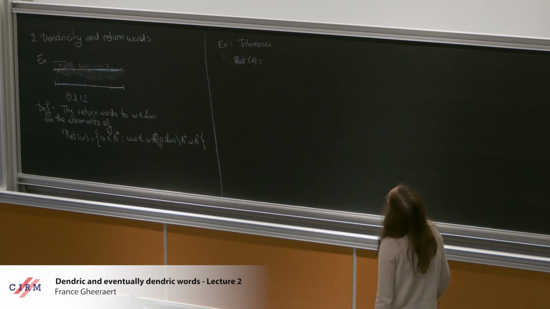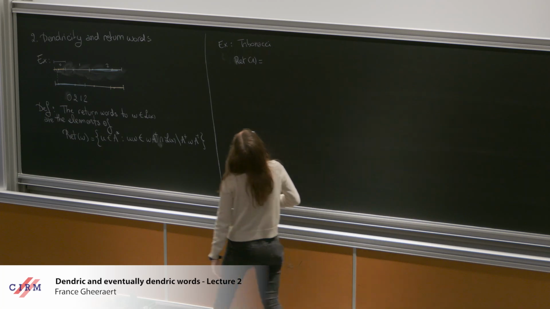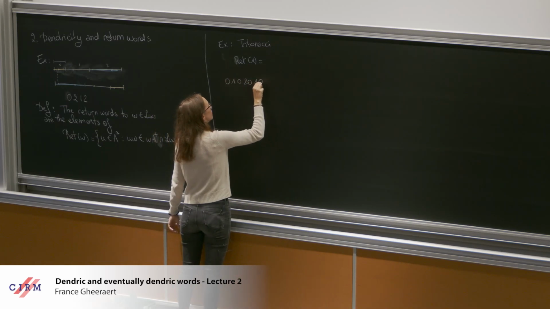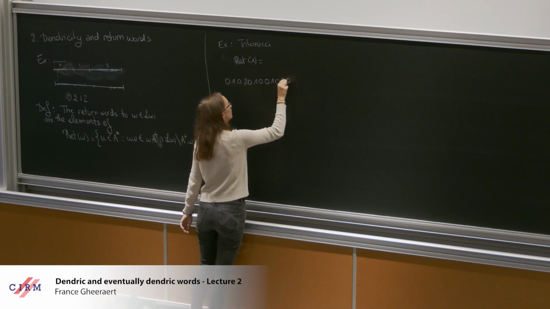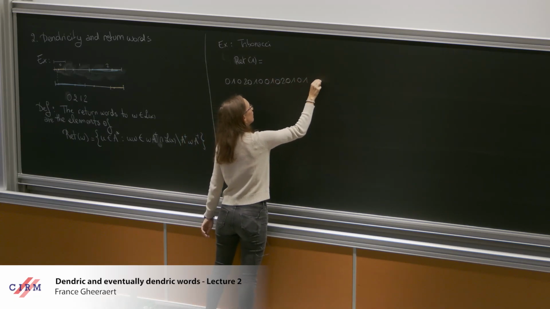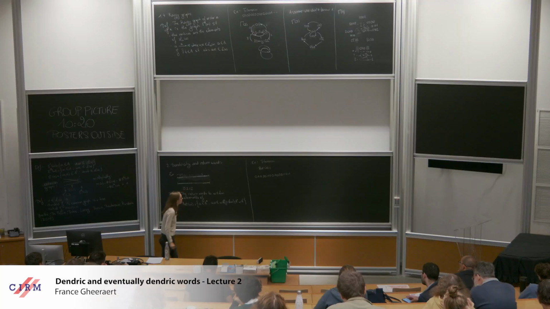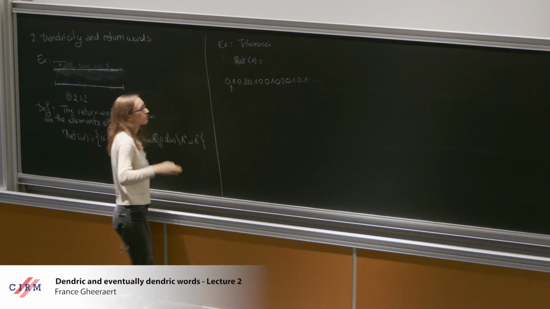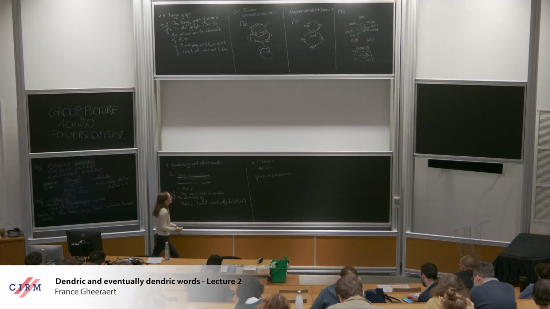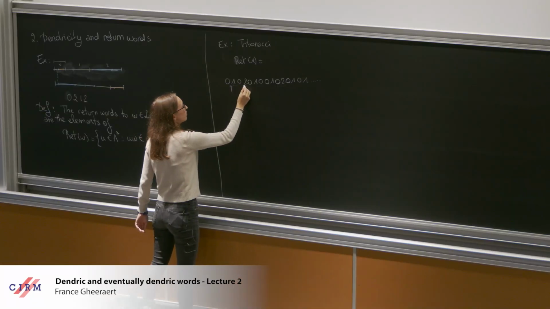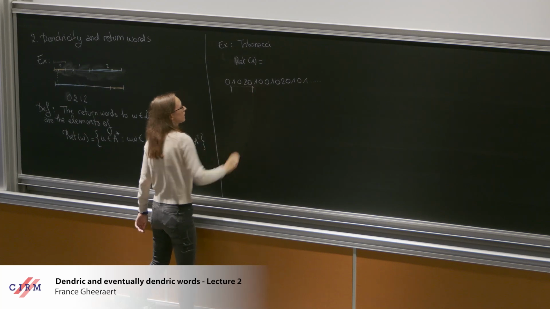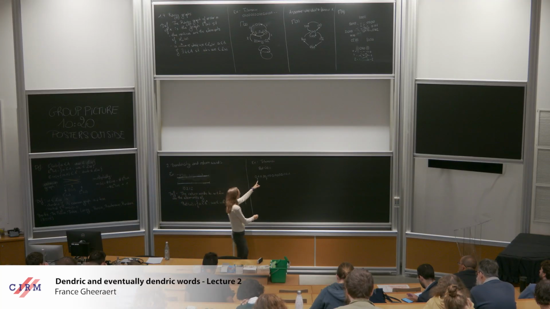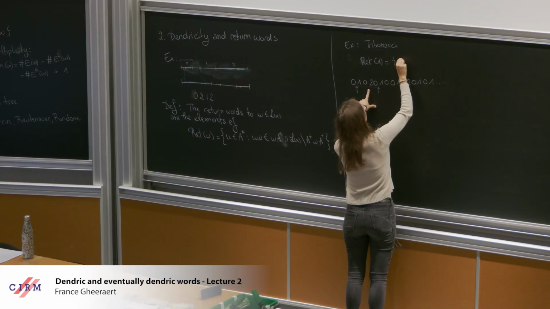Well, you have to imagine, maybe I'll copy the word because this would be easier. You have to imagine that you start at a point where what you see on the right is 1. And then you move forward until you again get to a point where what you see on the right is a 1. Okay, so we have here an example of a return word.